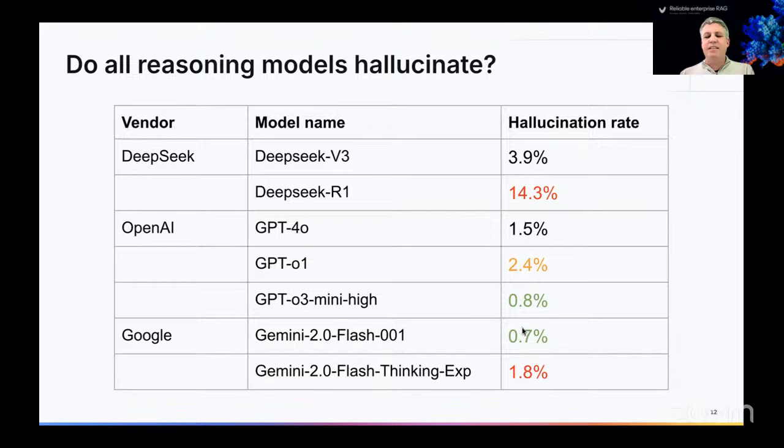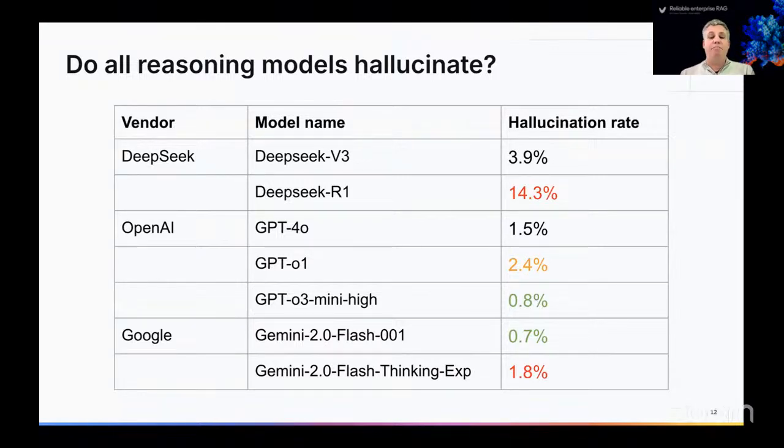So it doesn't necessarily mean, especially with o3-mini, that things need to be worse. We don't know exactly what DeepSeek did to reach that high of a hallucination rate, and I'm personally pretty confident that they'll fix that soon.